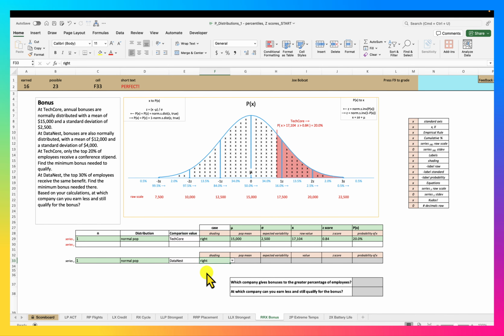Also going to be to the right. Population mean here is 12,000. Expected variability is 4,000. It's the top 30% here that get the bonus. So what z-score is that?